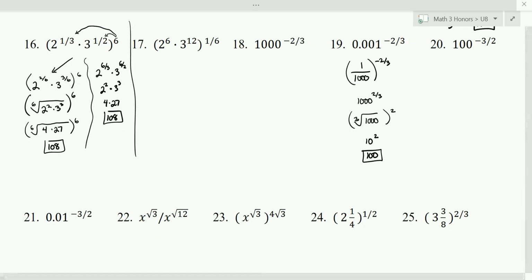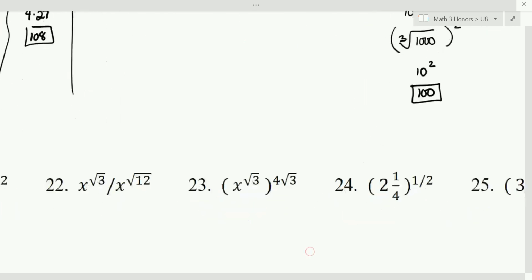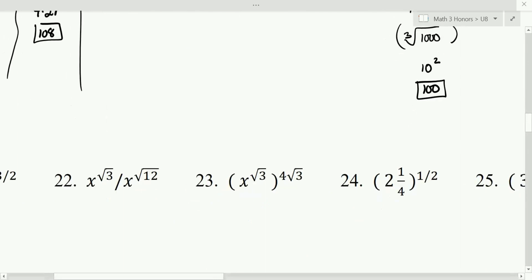Looking at 21 to 25, any requests of what you want to look at? Maybe not sure how to do if you encountered that one. 23? Okay. So any idea, guys, on 23?